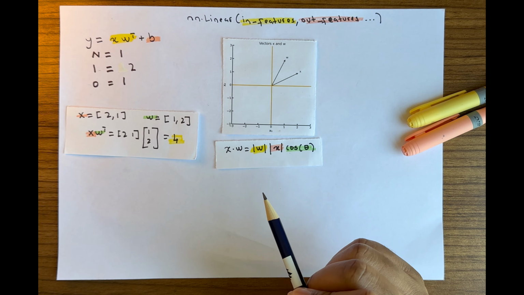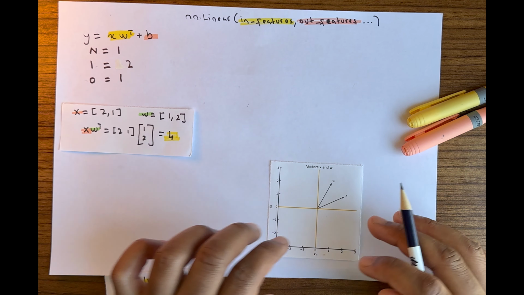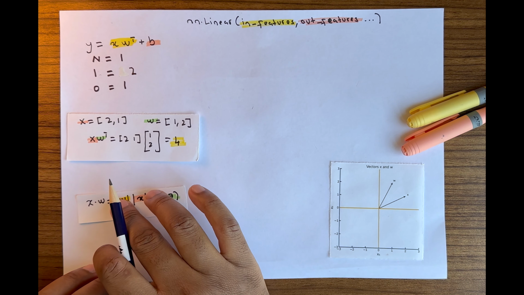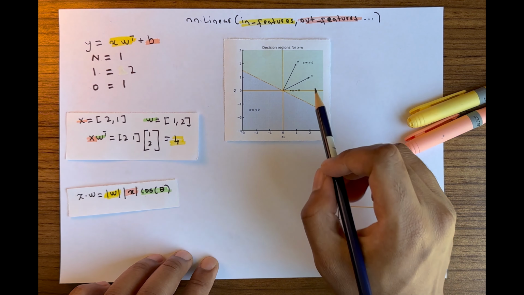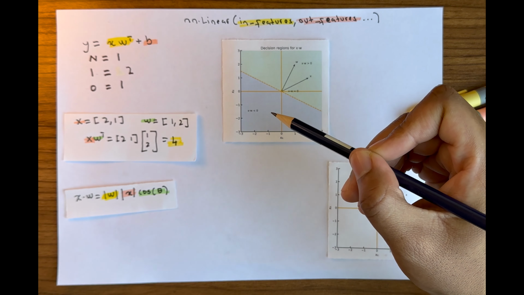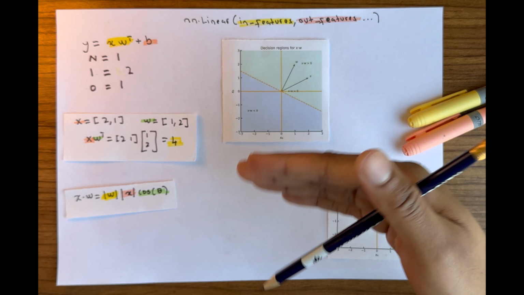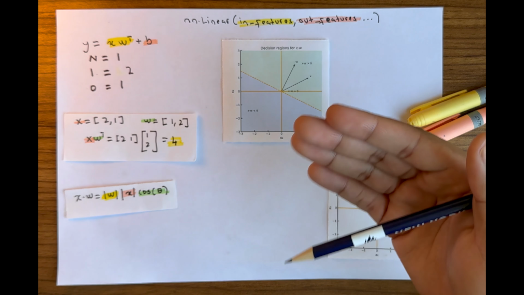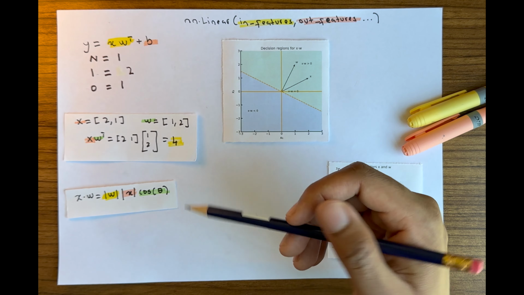Now, let's connect what we have learned with decision boundaries because they are connected. So this was X and this is W. Really our vector W determines a decision boundary, which is really a line in 2D and a hyperplane in higher dimensions. And that line is perpendicular to W, which means the angle between them is 90.